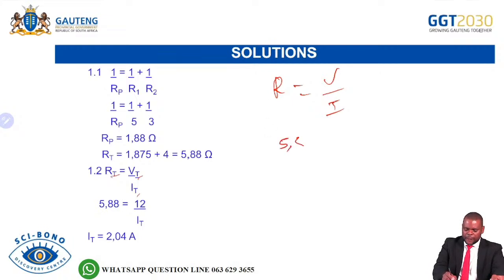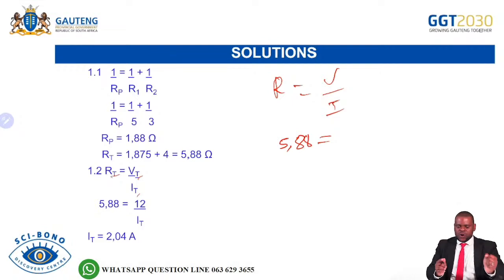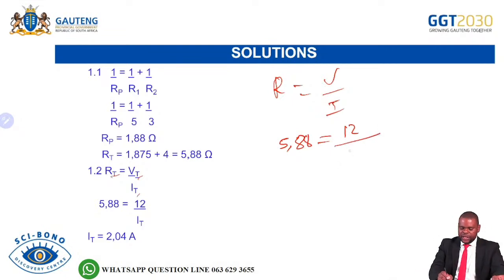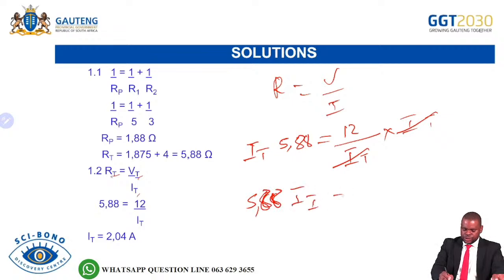Now we know that the total resistance is 5,88, which equals the total voltage in the circuit. We said it is 12 volts because it's equal to the EMF. Then we multiply by current T, this cancels this, and we are left with 5,88 IT equals 12.